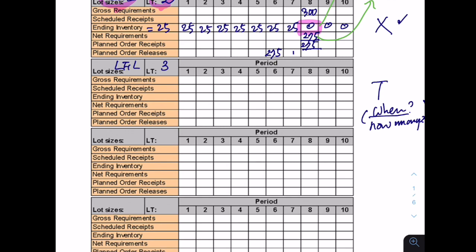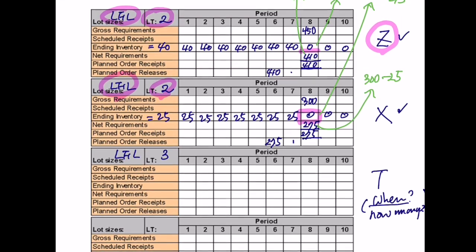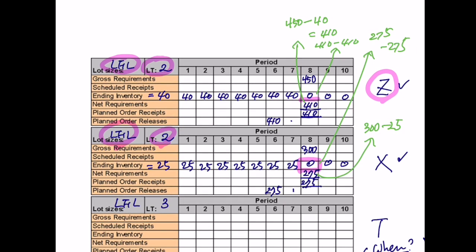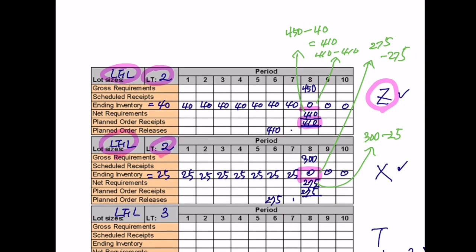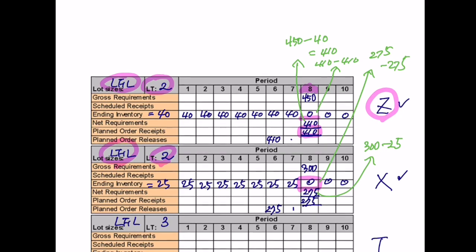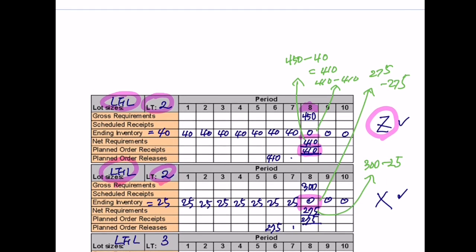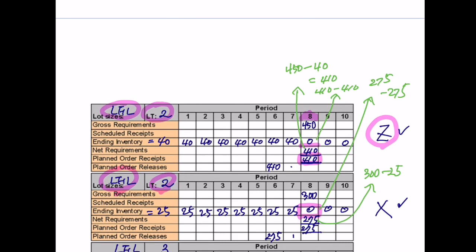If we look at the parent item, T is used to make Z, so let's look at Z first. So when do you start to make Z? Although you receive this 410 on week 8, to receive these amounts, when you have to start to build it, when you have to place or release your order, the releasing time is week 6.